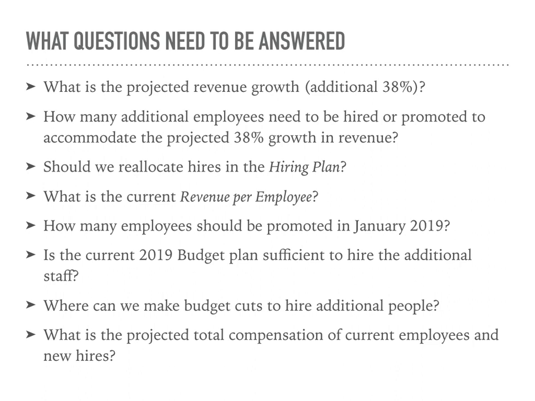So when you're thinking about how many people we really need to hire for this anticipated growth, think about, in addition to new hires, how many folks we want to promote, or how many we can promote. And is the current 2019 budget plan sufficient to hire the additional staff?